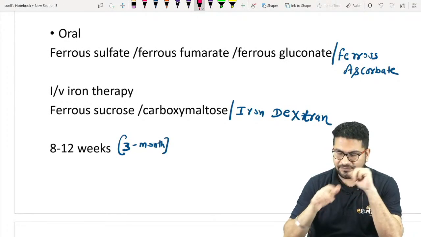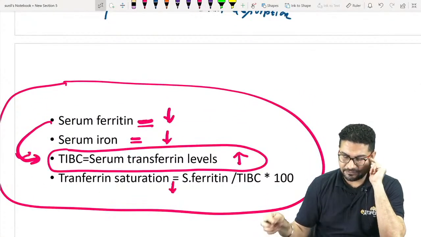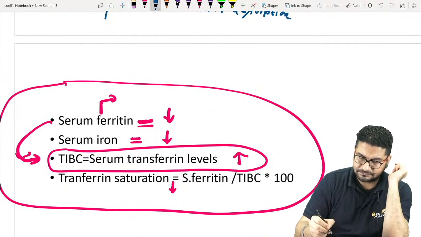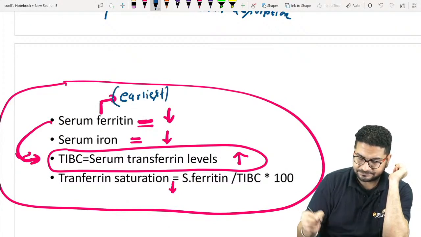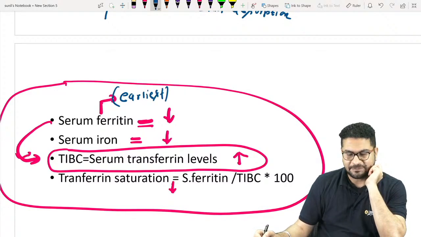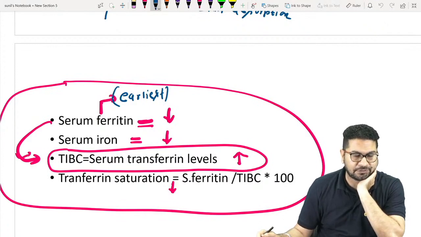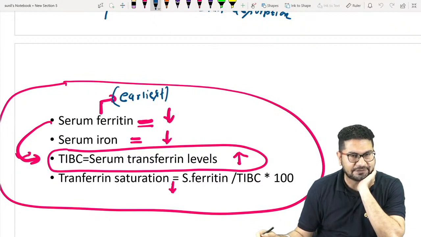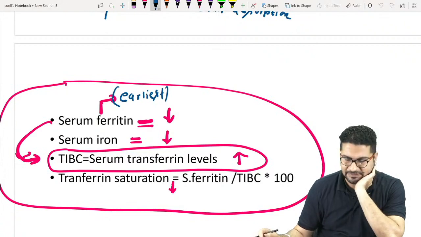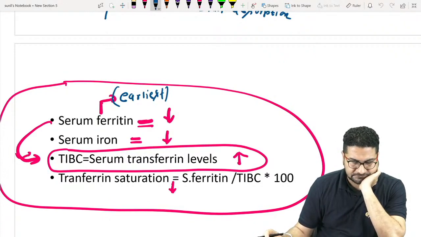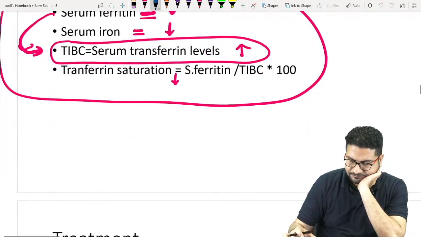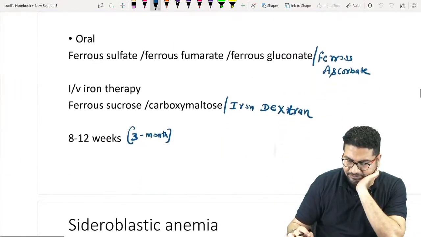The earliest parameter to decrease is serum ferritin, right? What else is increased? RDW and free erythroprotoporphyrin levels are increased. Am I clear? Any doubt in this? So this is about your iron deficiency anemia.